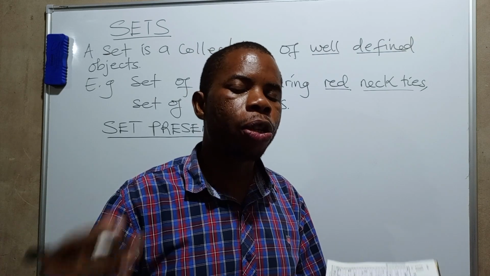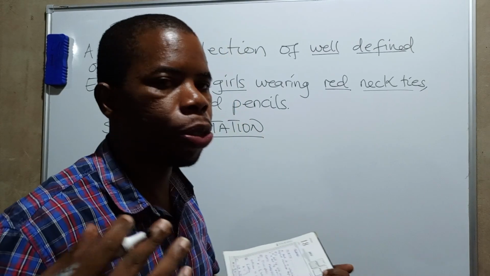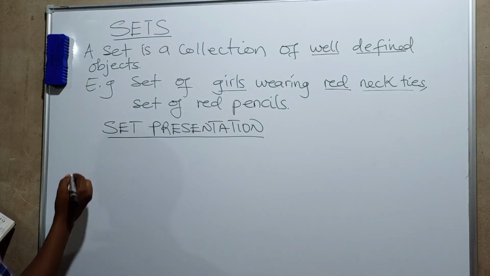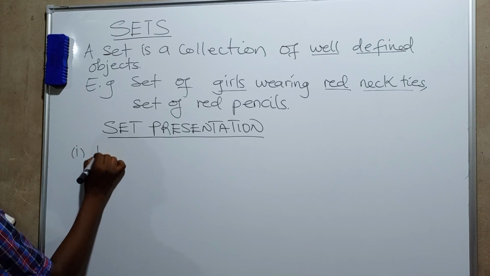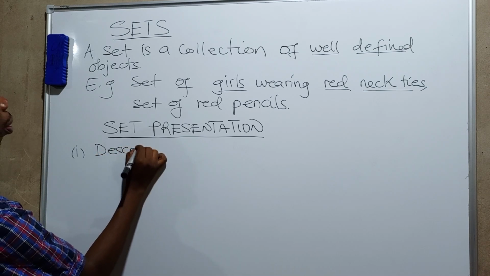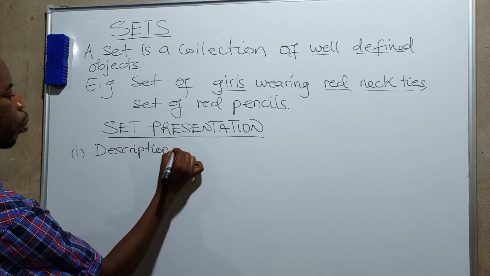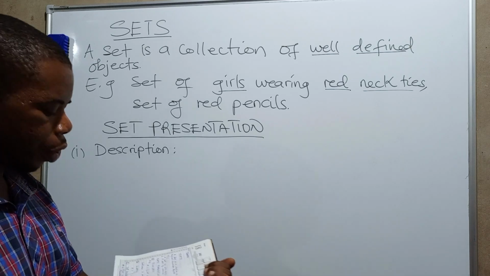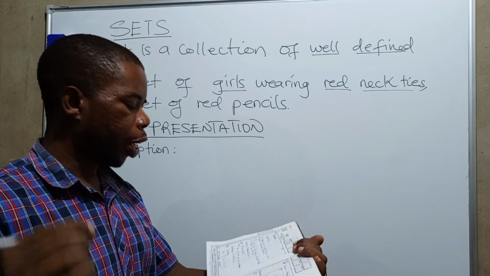The first common way in which sets are represented is description. Now, how do we represent sets in form of a description?